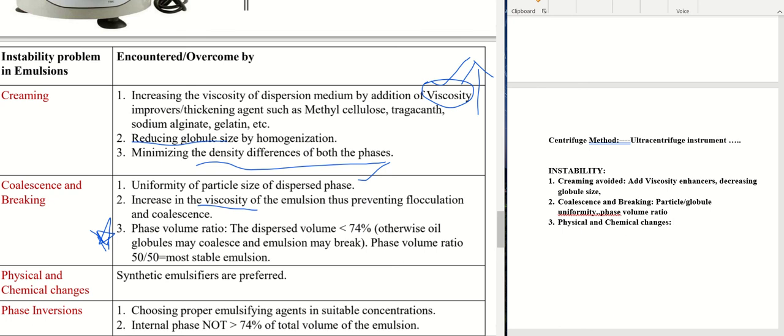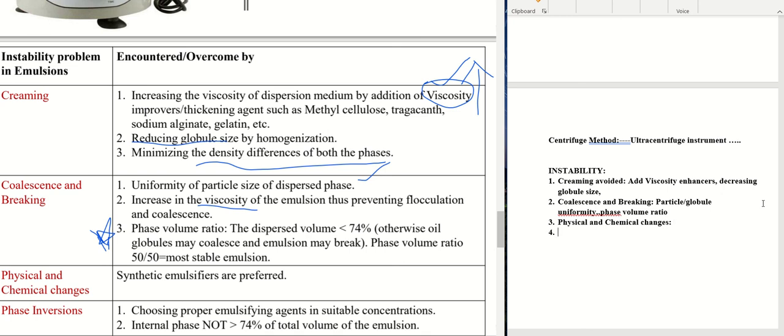For example, most of the natural emulsifying agents are more susceptible to bacterial growth. Hence, it might result in emulsion deterioration or degradation. Hence, to avoid such chemical changes because of bacterial growth, it is always preferred to use synthetic emulsifiers.